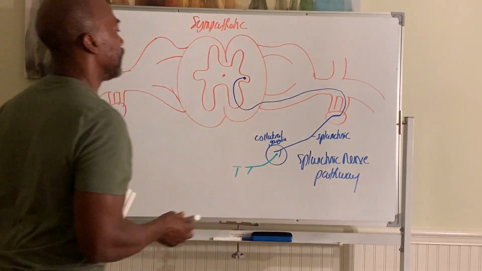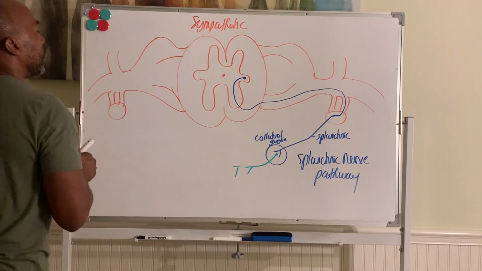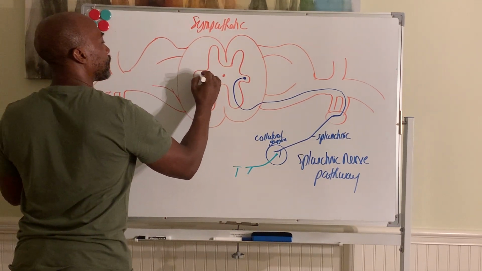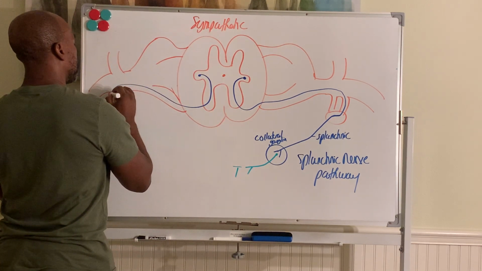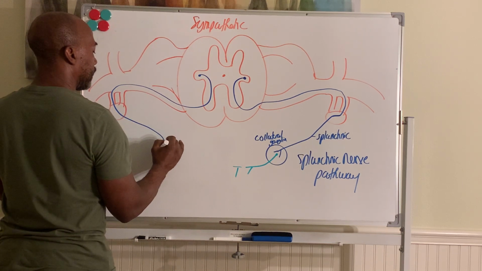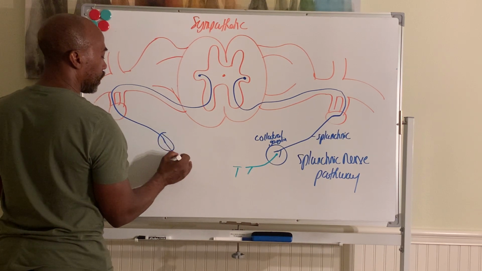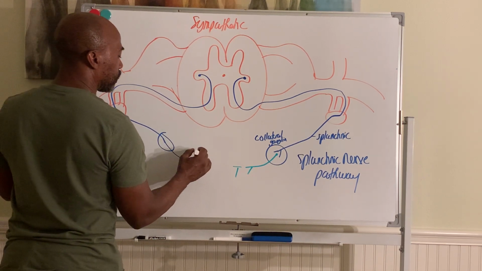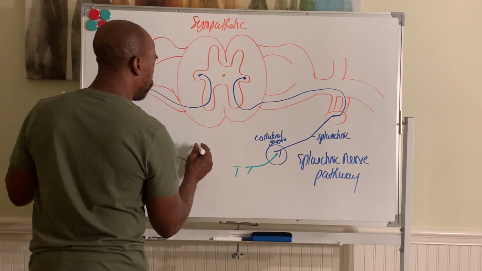Okay. And the last one that's used is one that goes to the adrenal glands. We can go with, again, blue. This one comes in the same way, through the ventral root, comes in the white ramus, passes through the autonomic ganglia, then also passes through a collateral ganglia to synapse directly in the adrenal medulla.